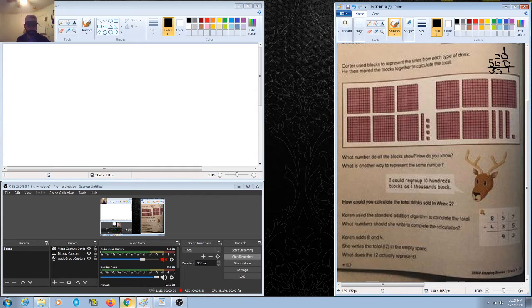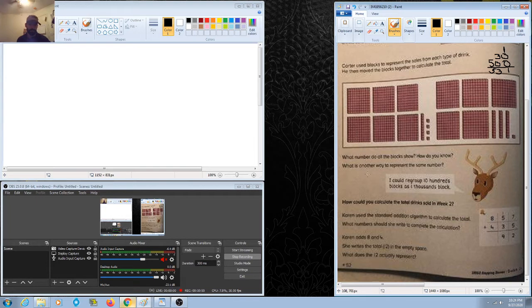What is another way to represent the same number? As he did, he would regroup 10 hundreds blocks as 1,000s blocks. This is going to be really important when we start to go into a higher place value than the hundreds, which we have been going over in this section as a review and the past section.